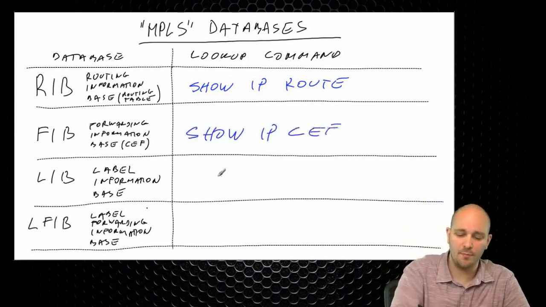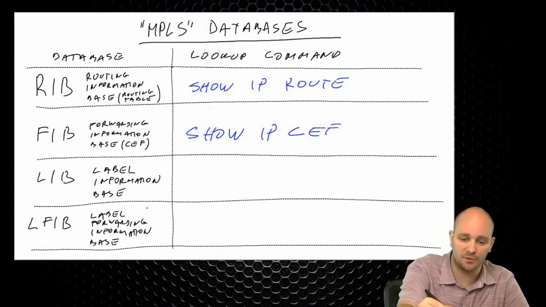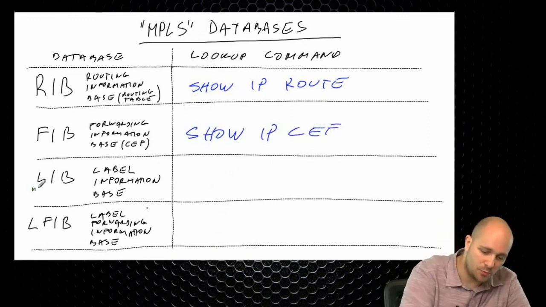To take a look at the label information base, we can have multiple commands because unfortunately in Cisco IOS you can have multiple tables. These could be multiple tables, and I'll explain that a little bit later on.